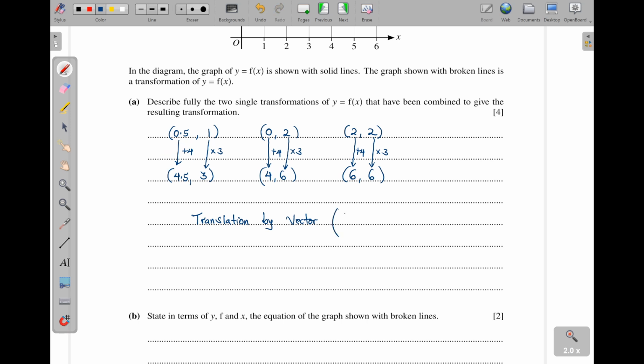That will be 4, 0. And then when we look at what happened to the y, they multiplied by 3. So I will say stretch by scale factor 3 parallel to the y axis, or in the y direction. So those are the two there.